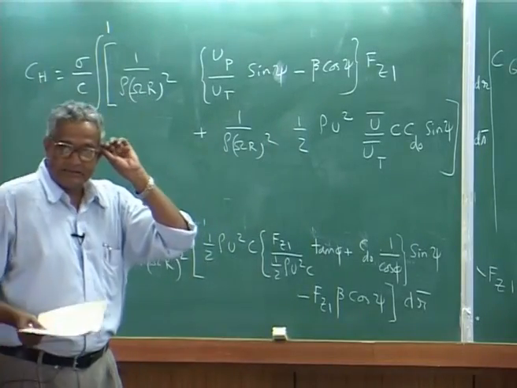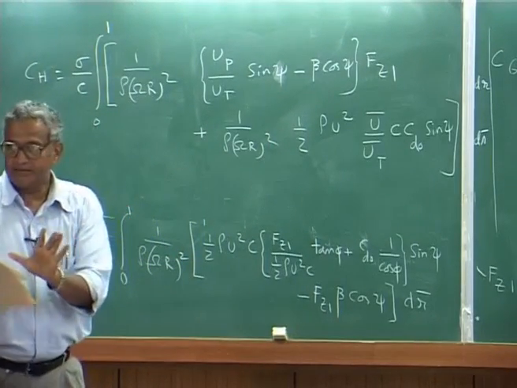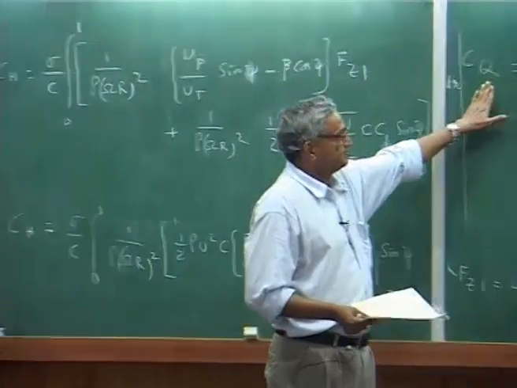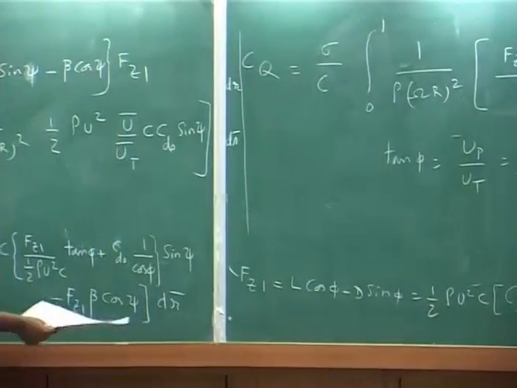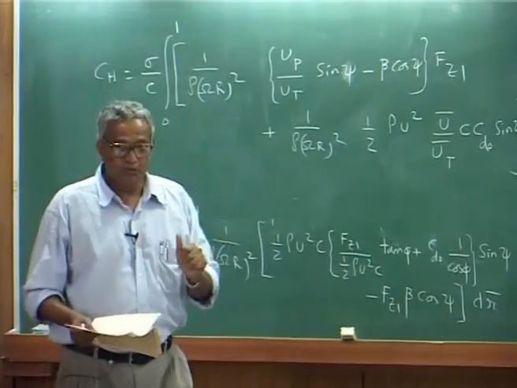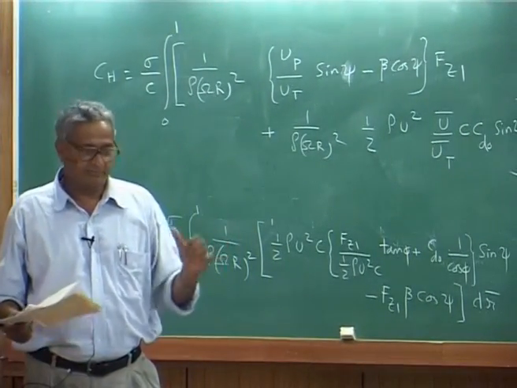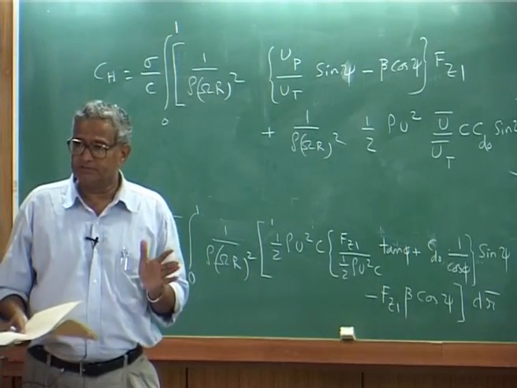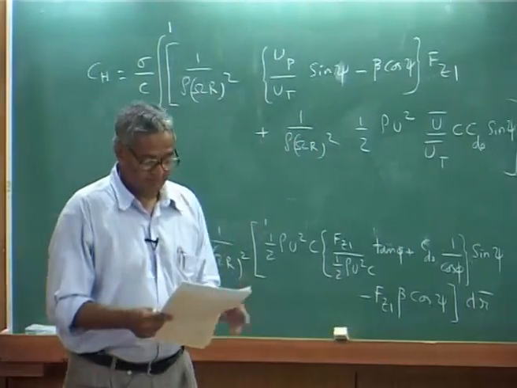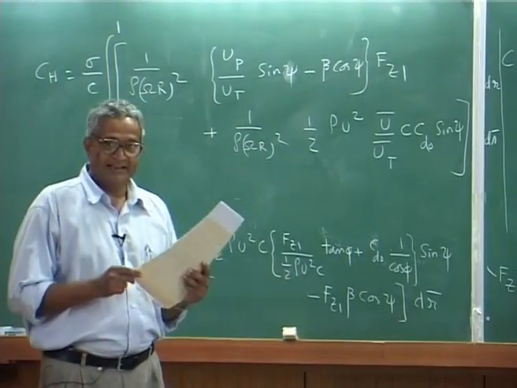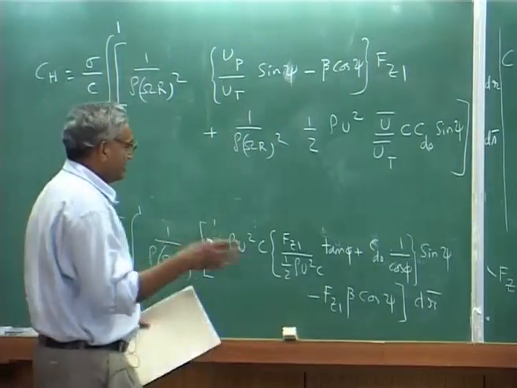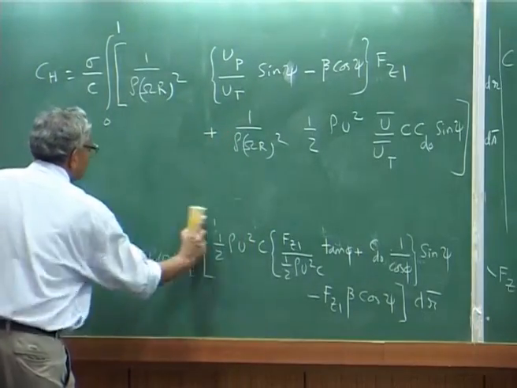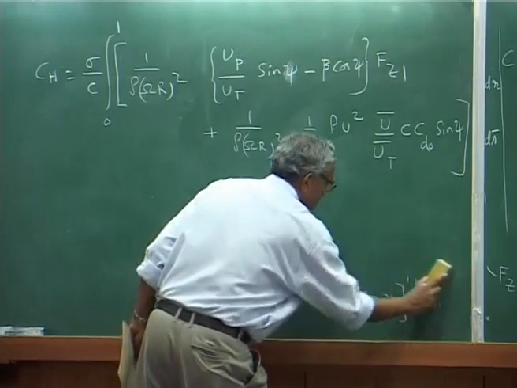Now you have written two expressions, one for CQ, one for CH. You know CH is the force coefficient, longitudinal force coefficient, CQ is the torque coefficient. Now only some little more, I erase this part, because now some algebra is done.